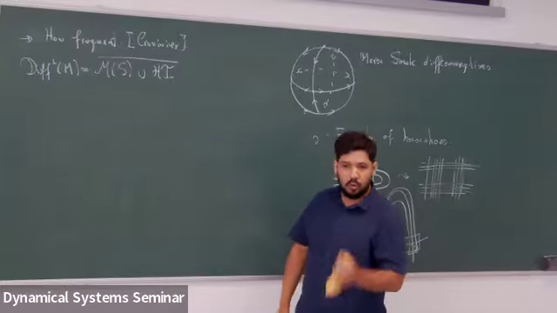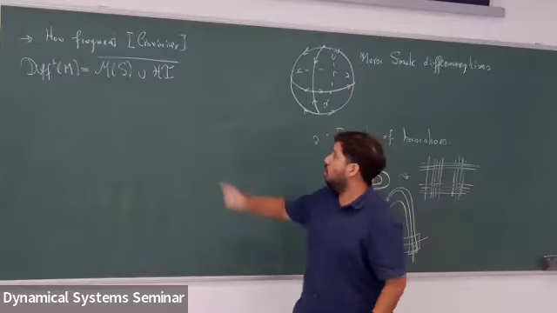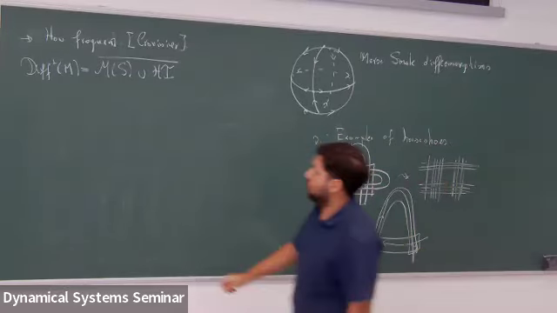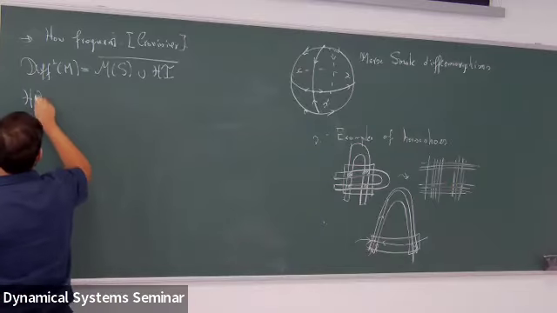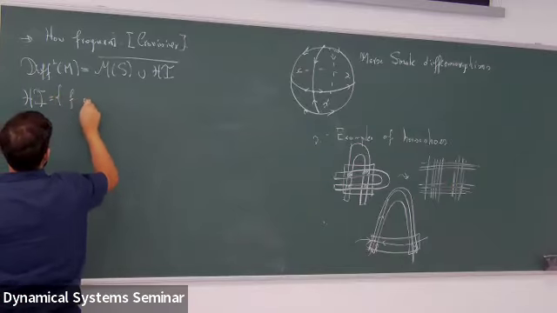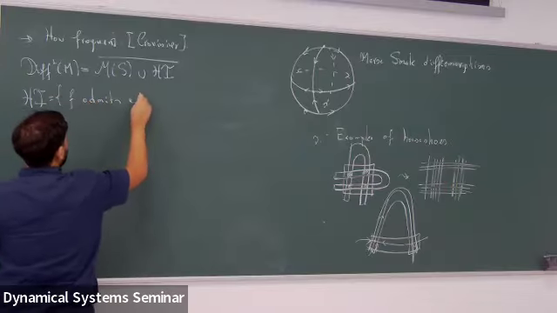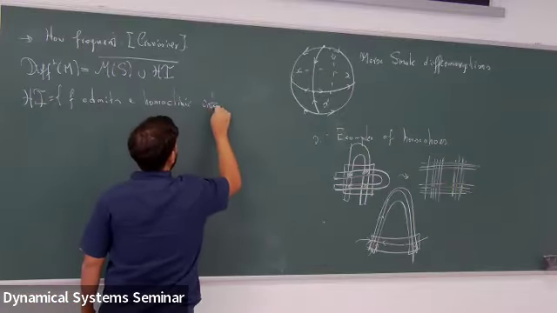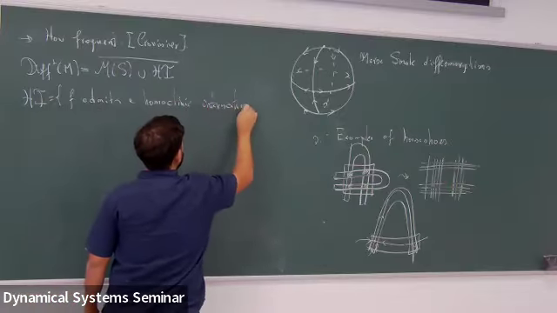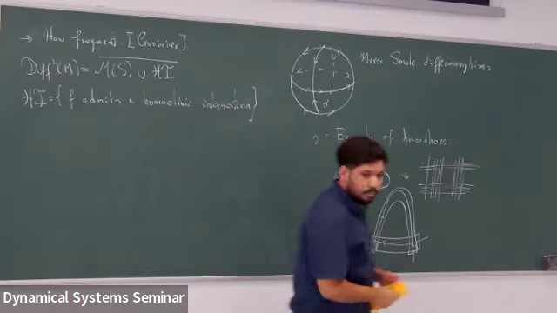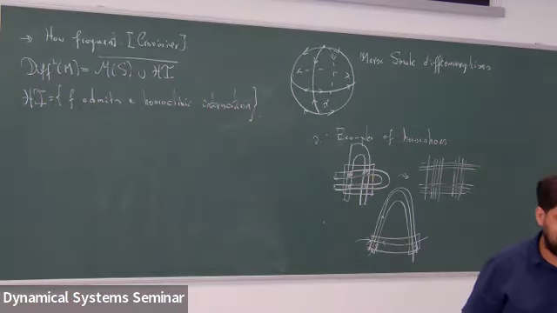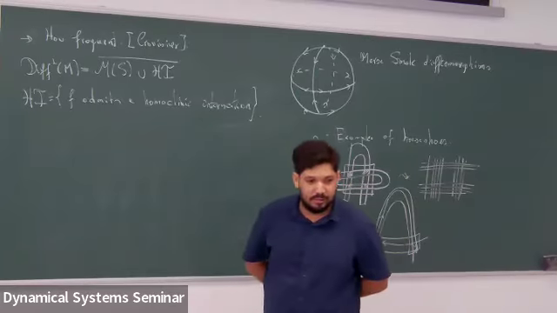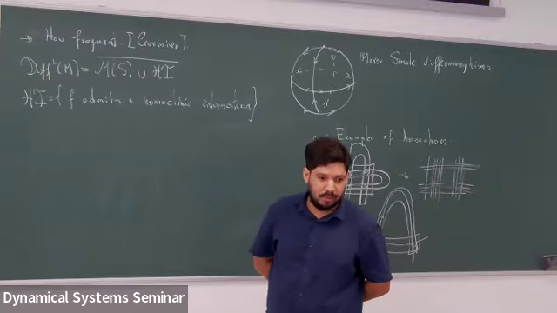So up to perturbation, either you are a Morse-Smale diffeomorphism, or you are in this other class, which means homoclinic intersection. That's the catch. The perturbation technique lies in the closing lemma. So that's the main point here.